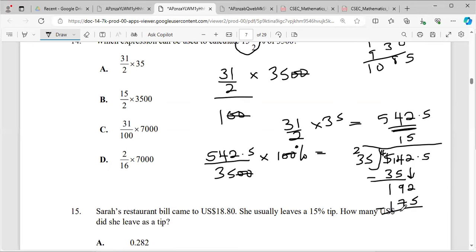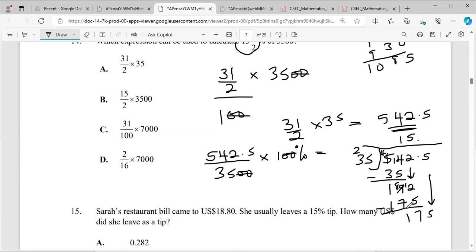So 5 from 2 we can't. So we borrow 1, which leaves 8. 5 from this leave 7. 8 minus 7, that's 1. Work with the decimal point, carry down the 5. And then now 5 from the 7, 1.